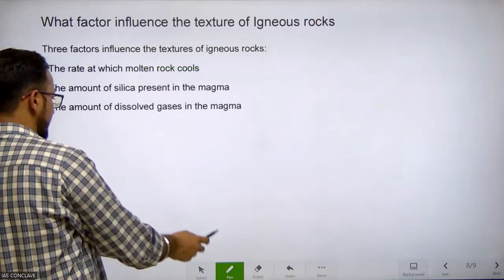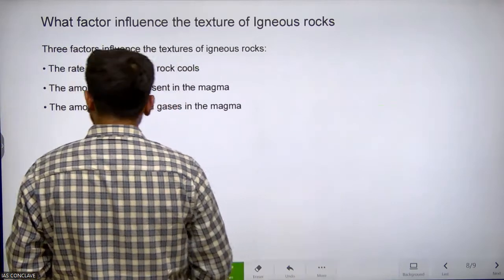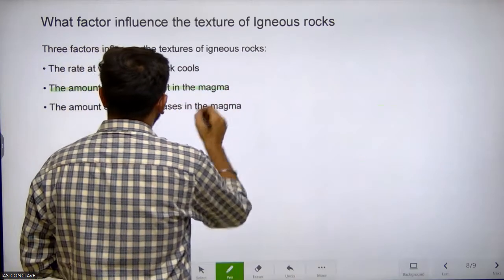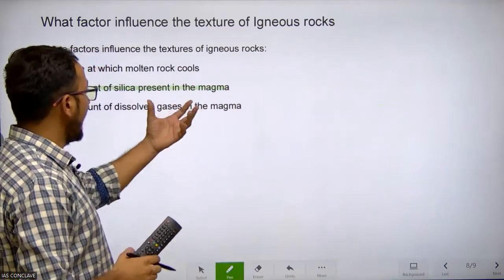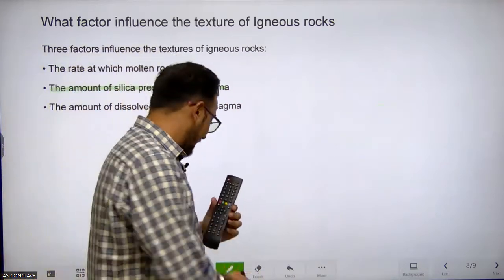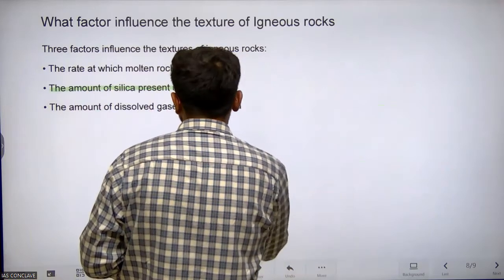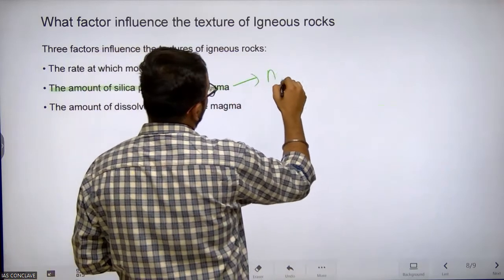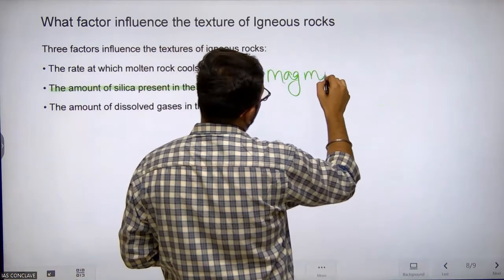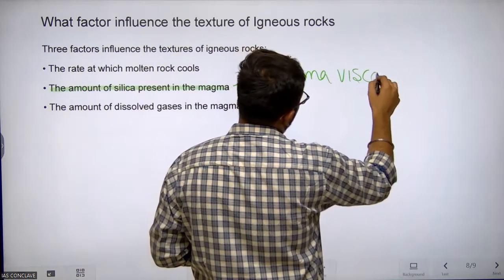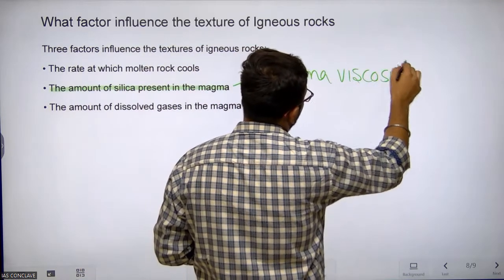Now look at the second, the amount of silica present in the magma. What does silica content determine? Silica content determines the magma viscosity. What is viscosity?